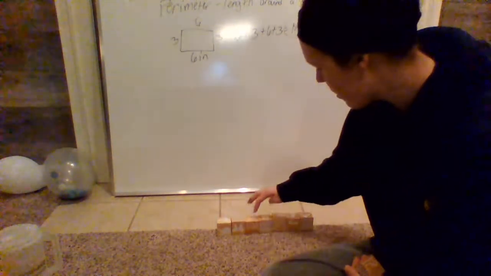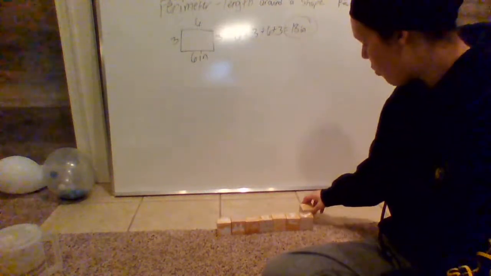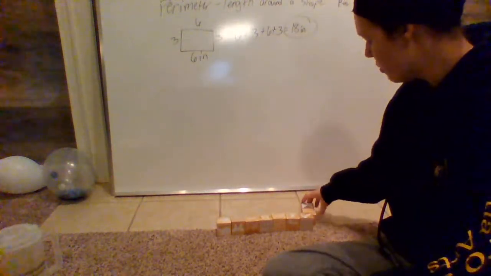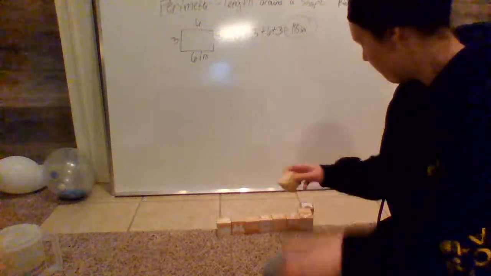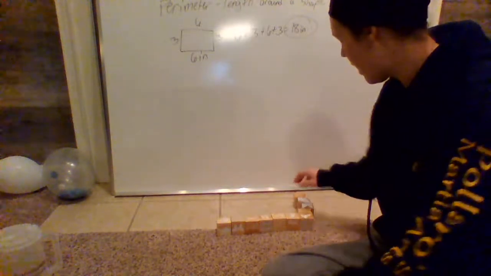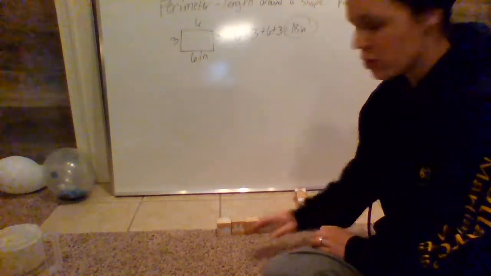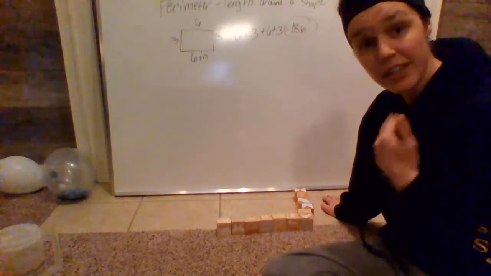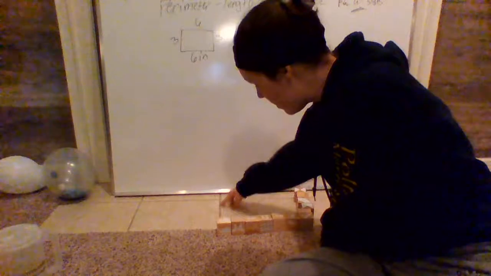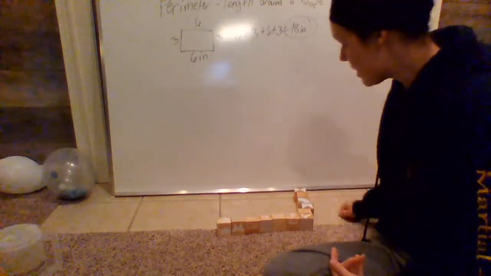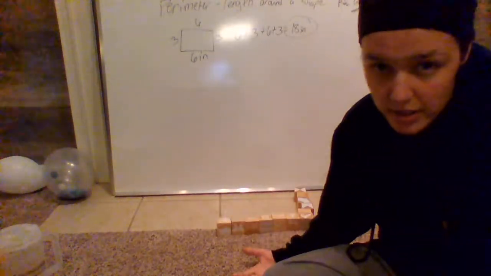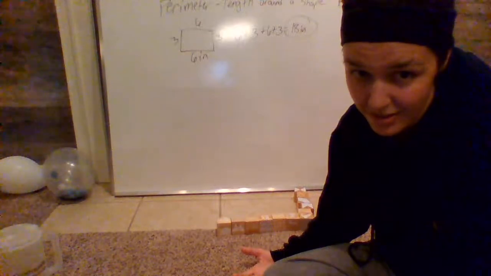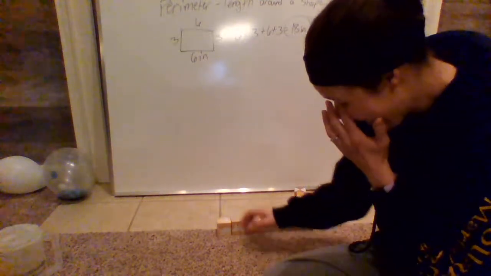So right now I've got 1, 2, 3, 4, 5, 6, 7, and then 1, 2, 3, 4, 5, 6. So I've got 7 here, 6 here. Since it's the same on each side, 7 plus 6 plus 7 plus 6 is 26. I had to think for a second.